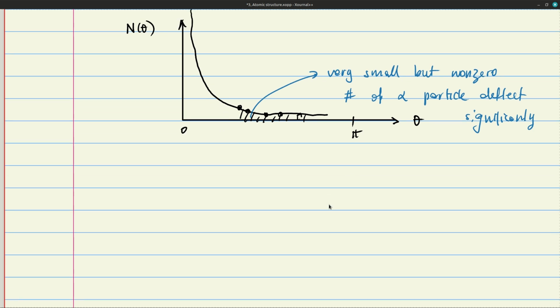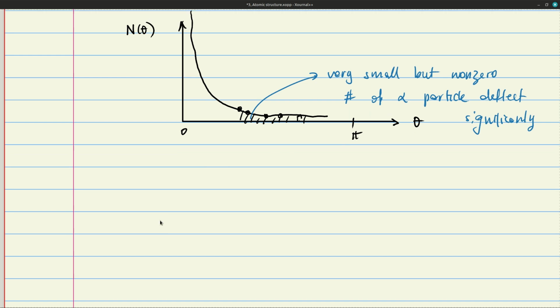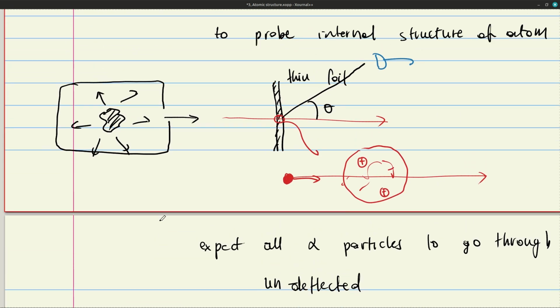And to explain that, Rutherford used, yes? Why do they expect alpha particles to be undeflected? Because of this plum pudding model, right? J.J. Thomson came up with this plum pudding. So the alpha particle, now we know, is like a helium atom with all the electrons stripped, right?